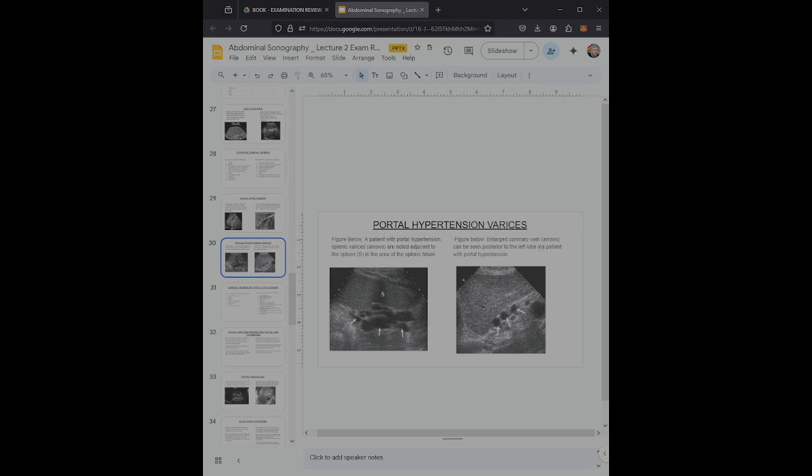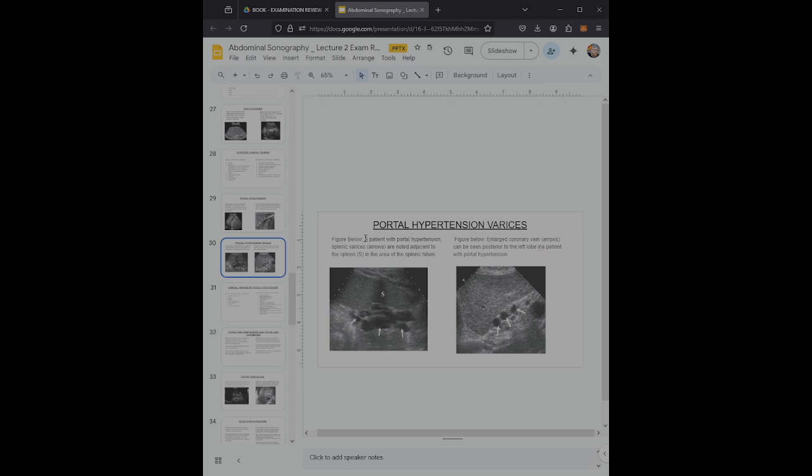And it is a temporary treatment, but it improves the condition of the patient, and it involves placement of a stent between the portal veins and the hepatic veins to shunt blood and reduce portal systemic pressure. So the transjugular intrahepatic portosystemic shunt is often evaluated with Doppler for patency.